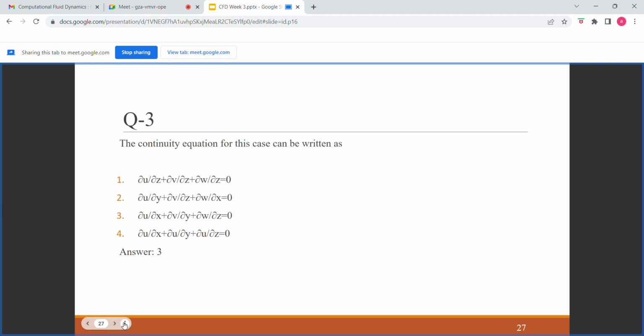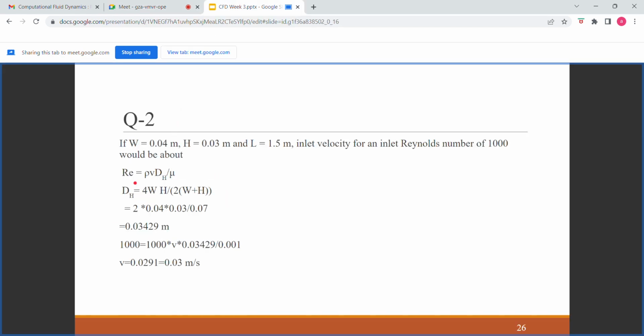So from this we can use the Reynolds number formula and calculate the inlet velocity. Re is equal to rho V dH by mu.